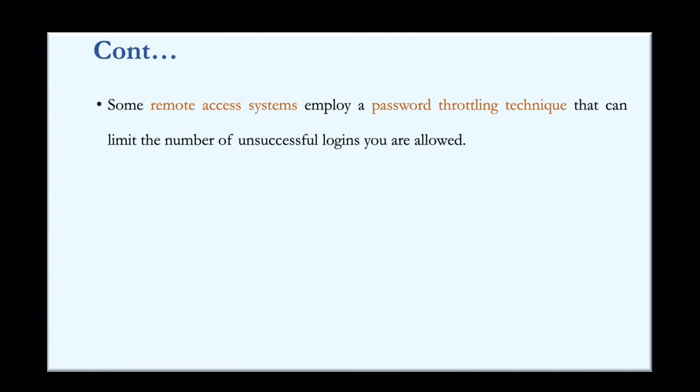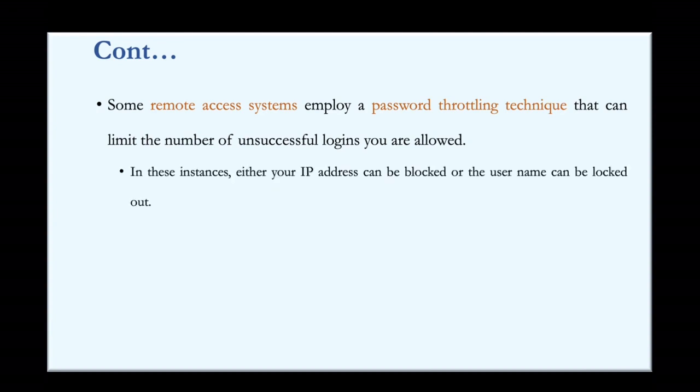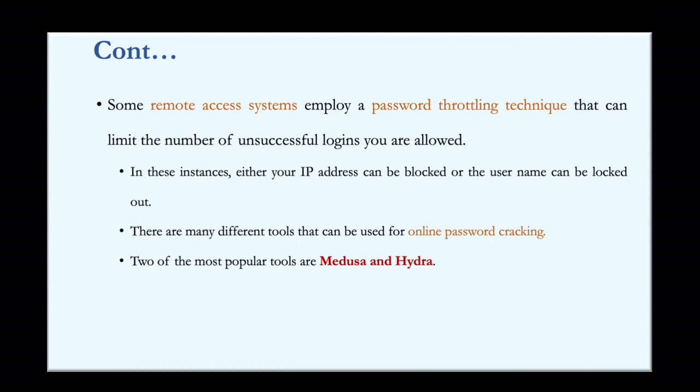In this instance, either your IP address can be blocked or the username can be blocked out. There are many different tools that can be used for online password cracking, but the two most popular tools are Medusa and Hydra. We are going to talk about Medusa. You can practice Hydra, which is moreover safe.